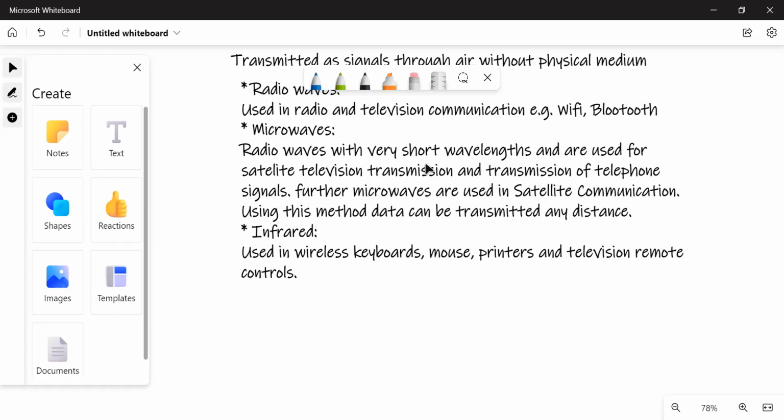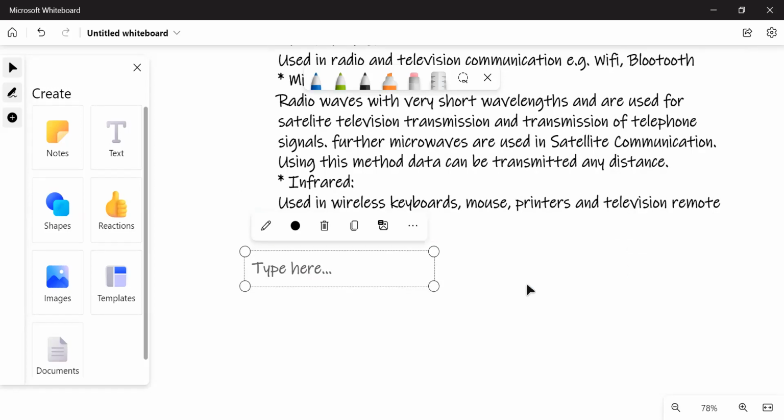So let's have a subtopic once we have finished this one. Okay, let's type in properties.